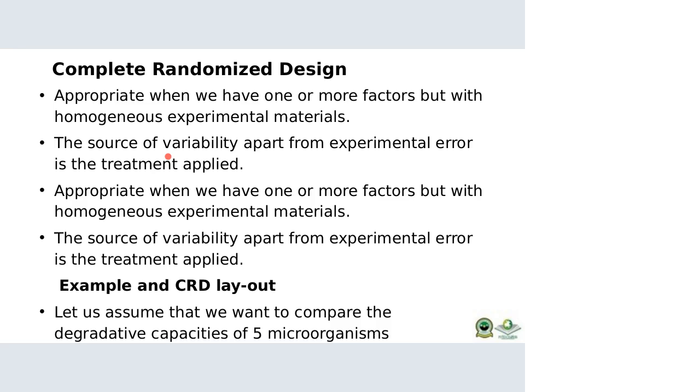Other factors, you regard that particular area as such that every other factor within that area should be equal and homogeneous. Take, for instance, you may consider temperature effect or soil aggregates and so on.